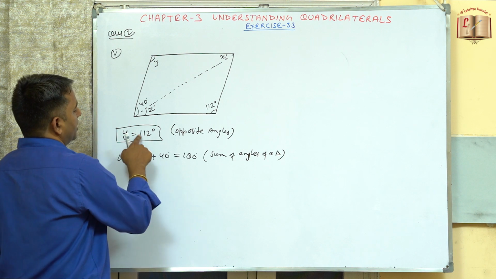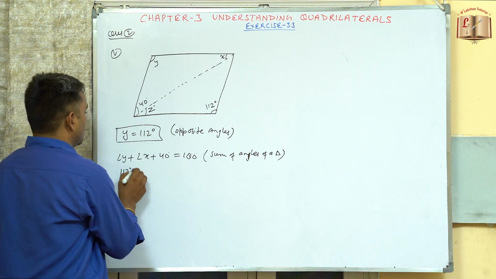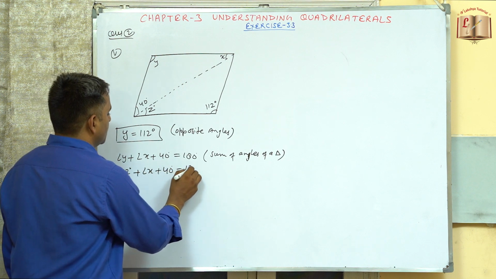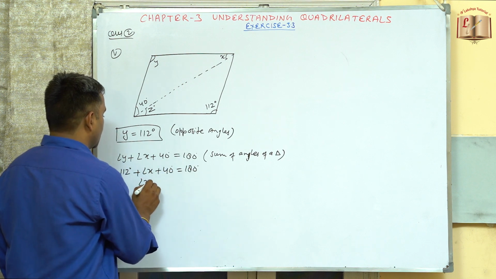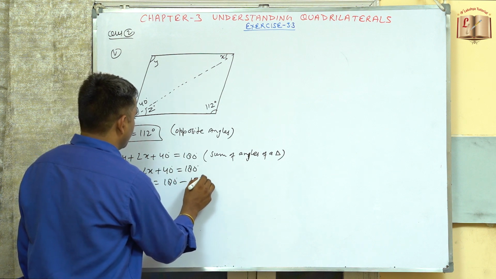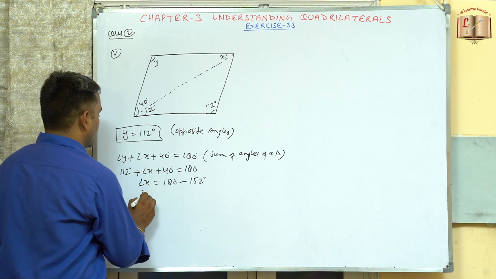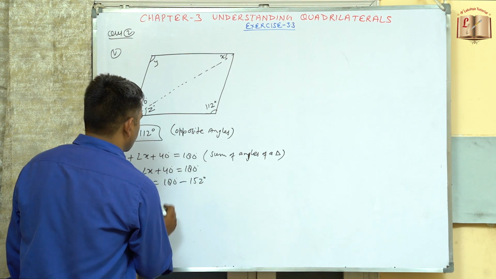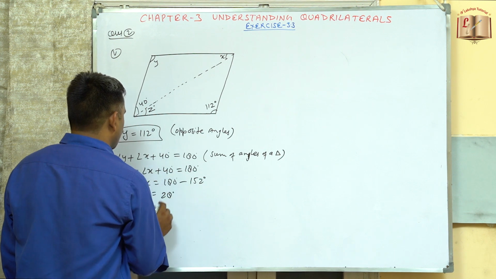So we got angle y as 112. So we will put 112 plus angle x plus 40 degree equals 180 degree. So angle x will be equal to 180 degree minus 152. Now we can subtract this. So this will be 28 degree.